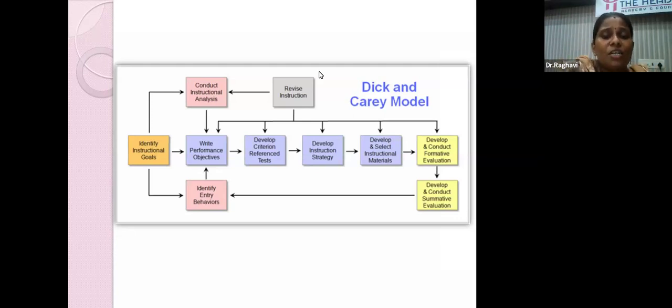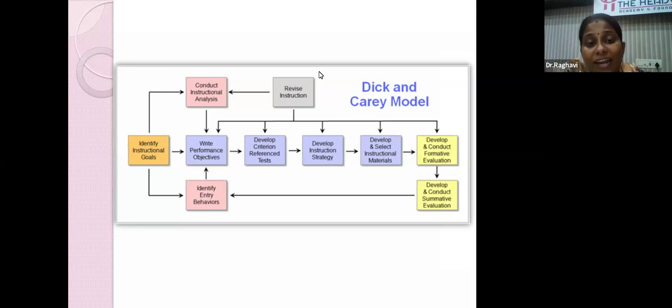If you're teaching on any particular war, you have to take into account what they may or may not have already learned. So conducting that instructional analysis is all about that. What is your audience wanting to learn? What is the audience going to gain through your session?